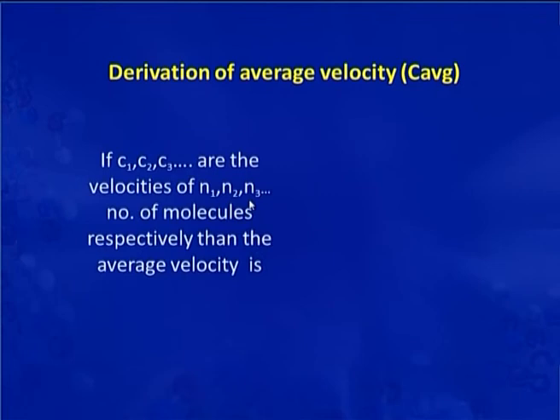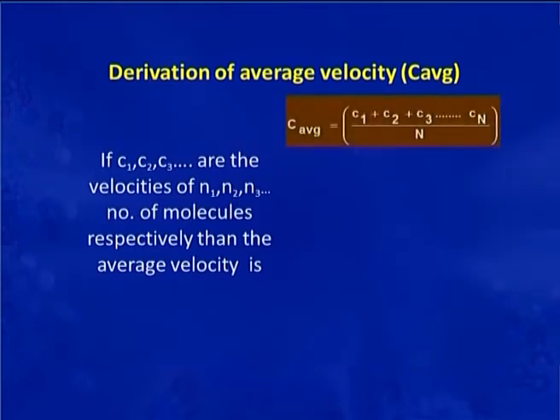Now, let us start the derivation of average velocity. If C1, C2, C3 and so on are the velocities of N1, N2, N3 and so on number of molecules respectively, then the average velocity is C1 plus C2 plus C3 and so on to Cn by the total number of molecules, that is N. So, we will write it as C average is equal to 1 by N summation Ci.